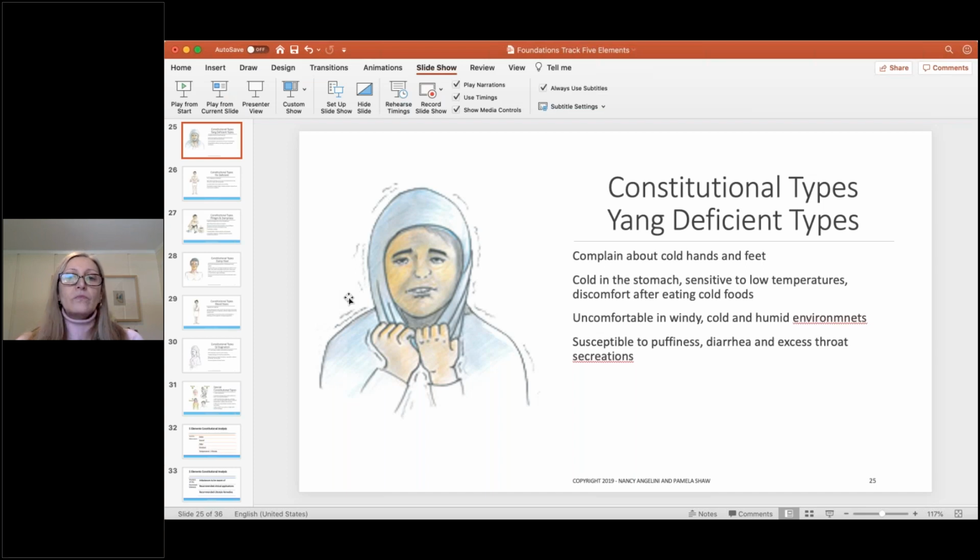And they're saying, I'm really uncomfortable in windy environments. I've been getting bouts of diarrhea, and I'm really not feeling well. And my hands and feet have always been cold.